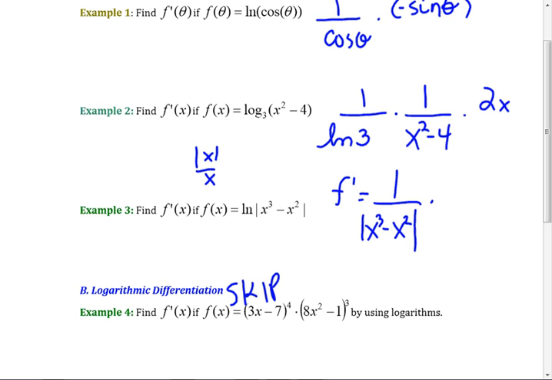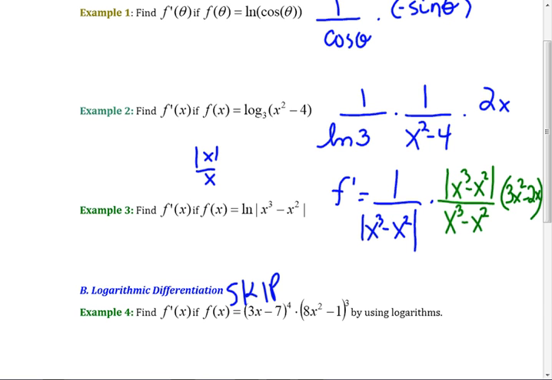Now, I have to multiply it by the derivative of the absolute value. So it's the absolute value of x cubed minus x squared over x cubed minus x squared, times the derivative of the inside function, which is 3x squared minus 2x.